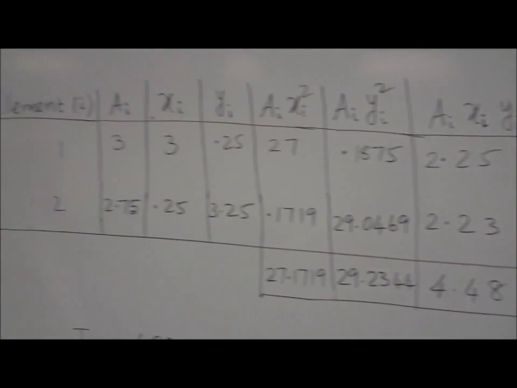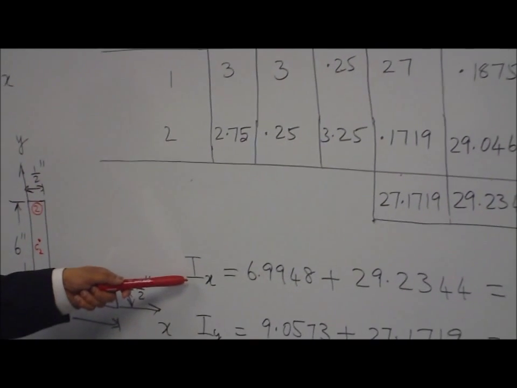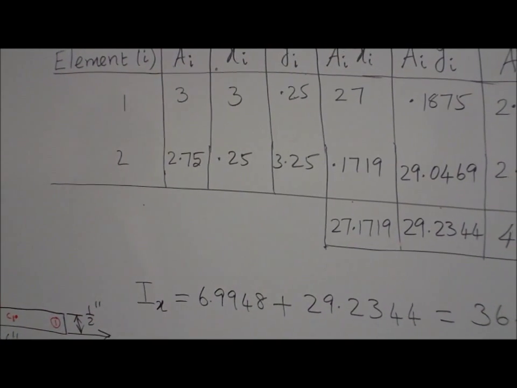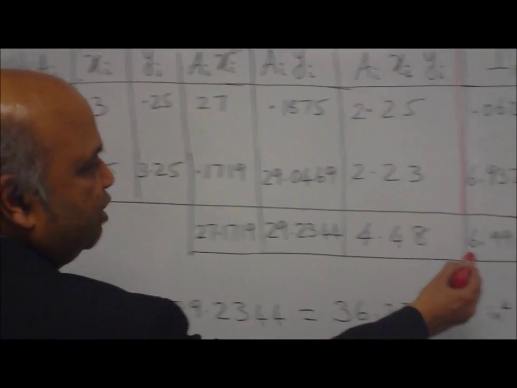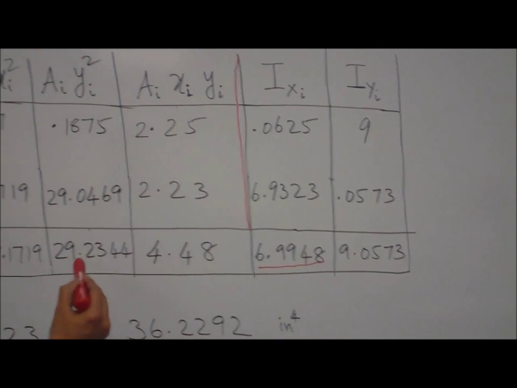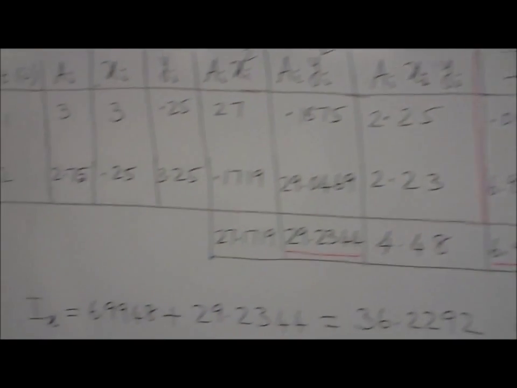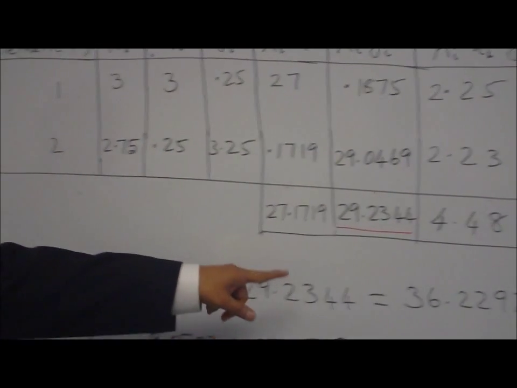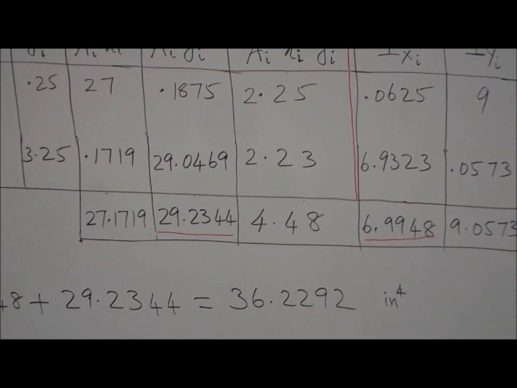Now, to find the Ix, we have the formula: sum of I x i plus A i y i squared. So the sum of I x i, which is 6.9948, and A i y i squared, which is 29.2344, gives 36.2292.